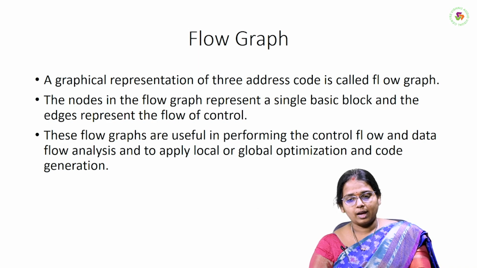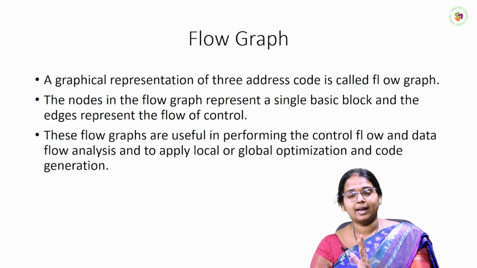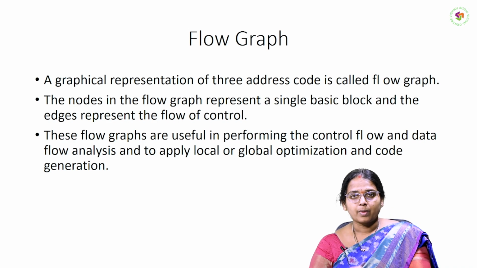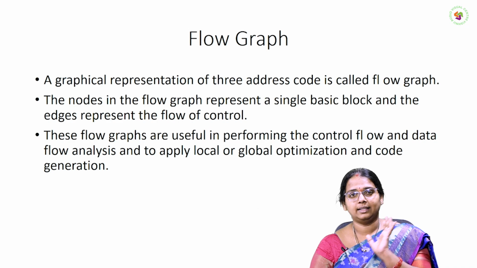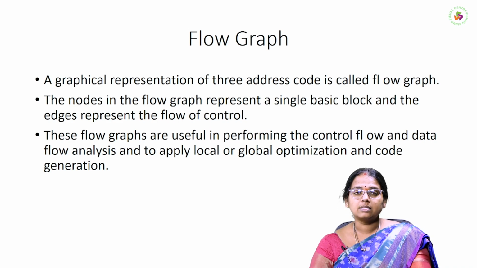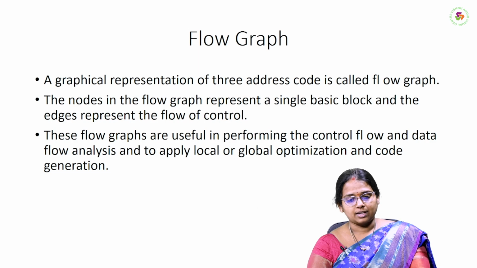Flow graphs are useful because they show how control flow and data flow go from one block to another. Control flow analysis and data flow analysis are easily done when the flow graph is constructed.